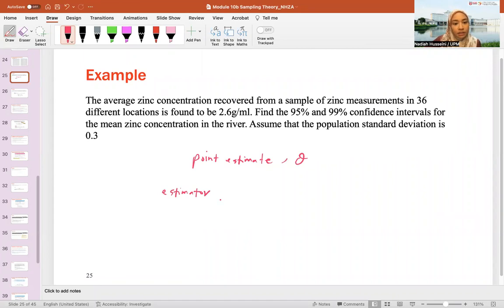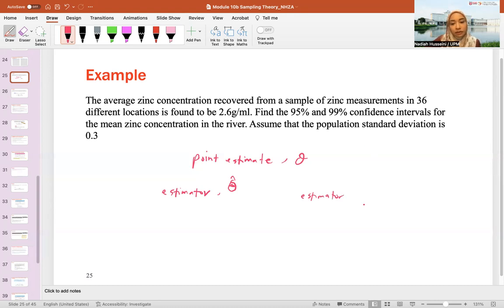And remember, your estimator is your uppercase theta, which was, how do you write it? I think it was like this. Okay, so let's just assume this is uppercase theta. So sometimes they give you the equation and they don't give you the theta. Sometimes they give you the theta and both the point estimate and also the estimator.